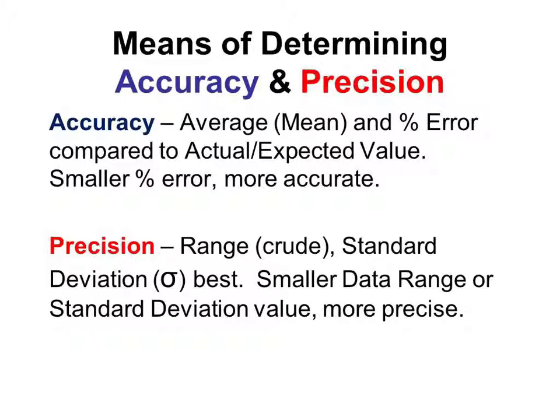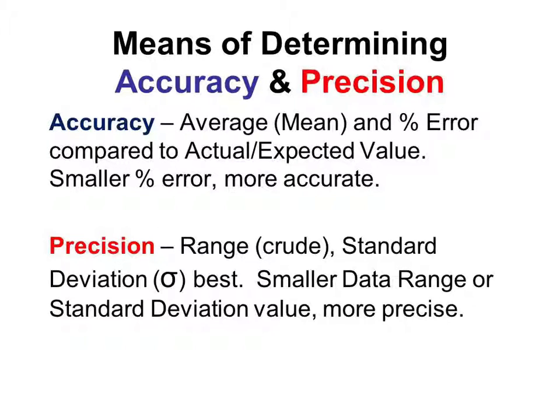Now, looking at precision. Precision is, remember, the closeness of the measurements to each other, right? There are 2 ways to look at this. One is a more crude way than the other, and that is the range. And then the better way is the standard deviation. Now, I don't expect the high school student to understand or be exposed to the standard deviation yet.